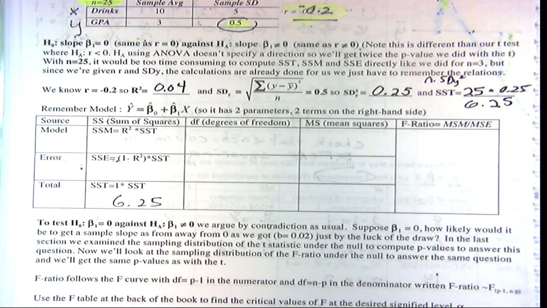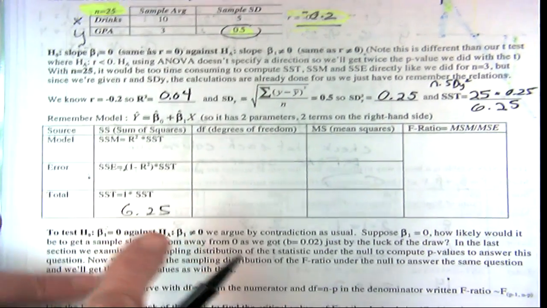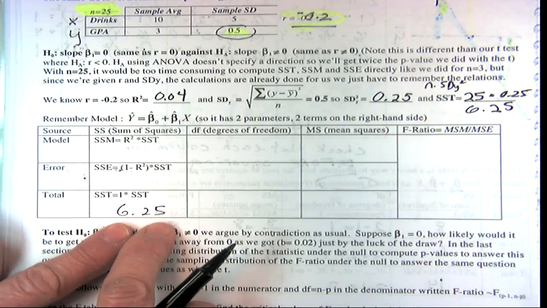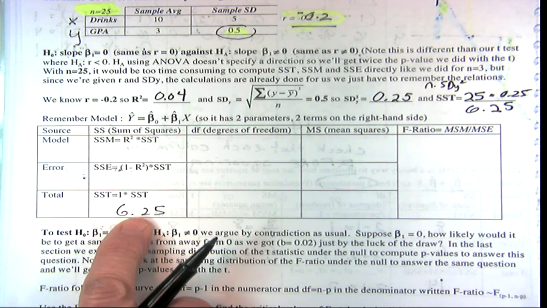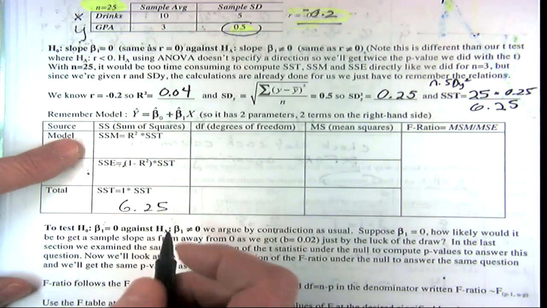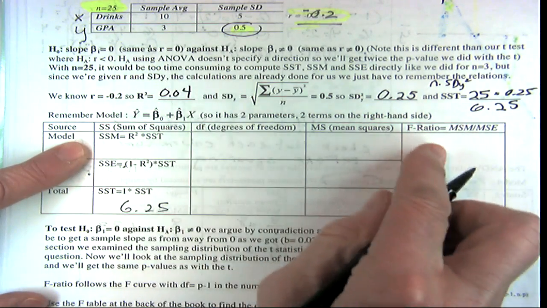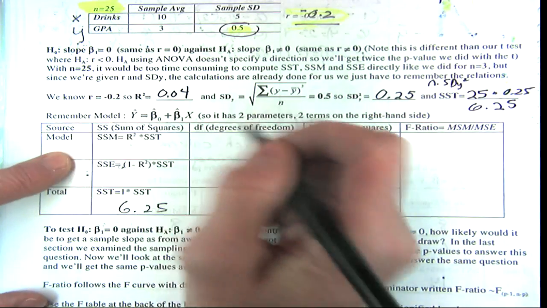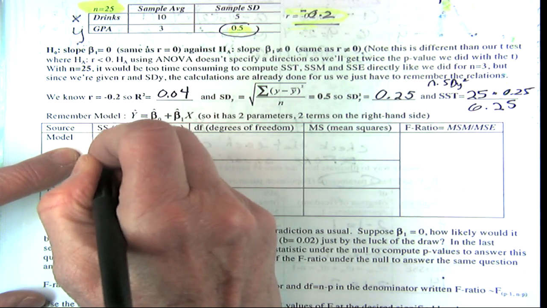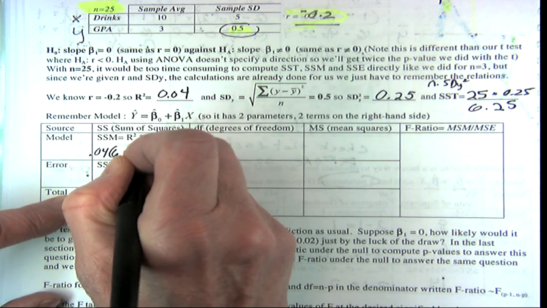Okay, so now we can fill out the table here. How does this 6.25 break down? This is the variability of the y's, and due to the model, we'll just multiply that by r squared. So we'll say 0.04 times 6.25.